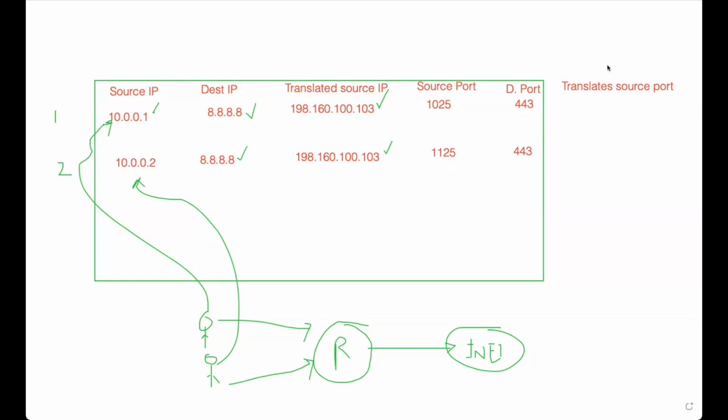The translated source port, meaning when this guy is translated to this guy, there will be a random translated source port. So 10.0.0.1 with the source port of 1025 will be translated to 198.160.100.103 with a translated port of, for example, 4444.